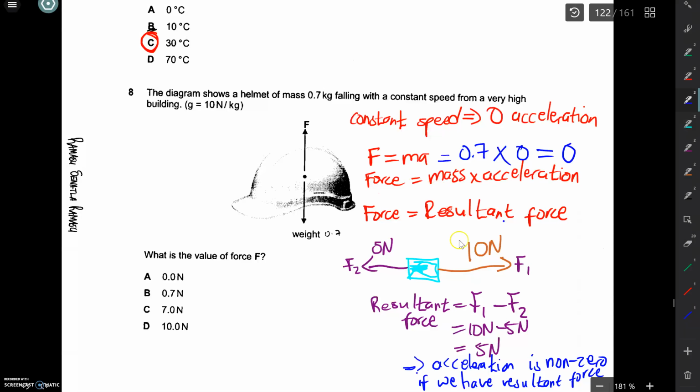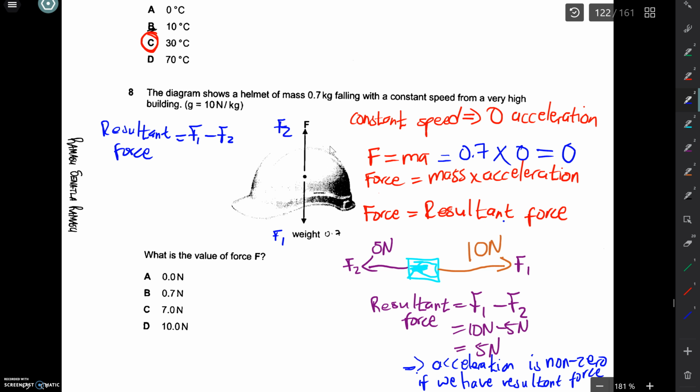So then if our force here is 0, this means that weight is equal to F, right? Because the difference between the forces, we can call weight F1 and F2, the resultant force would be the difference between F1 minus F2.